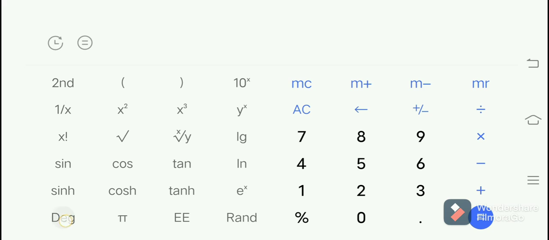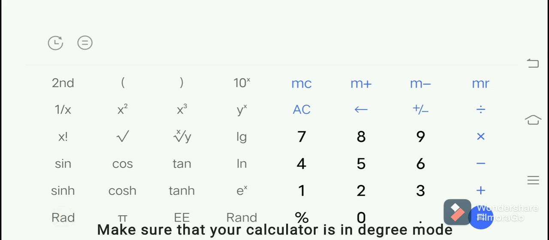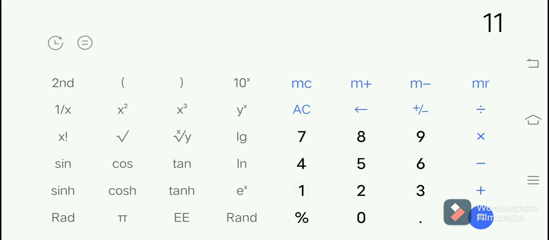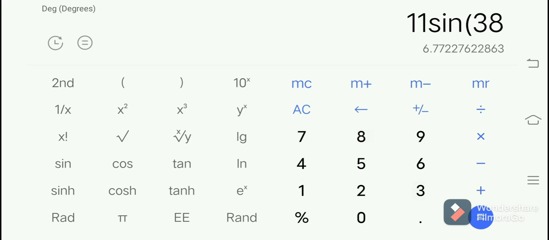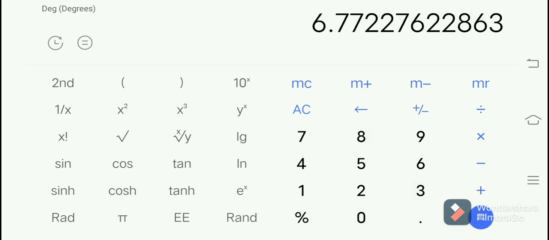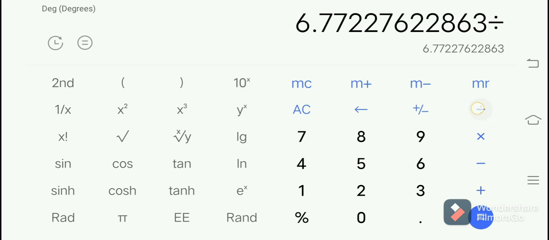Then let's solve using our scientific calculator. Make sure that your calculator is in degree mode. Dial 11 times sine 38, then tap the equal button. The result is 6.77227622863.